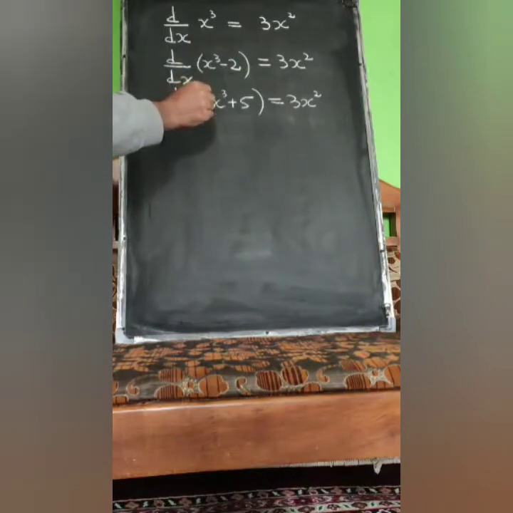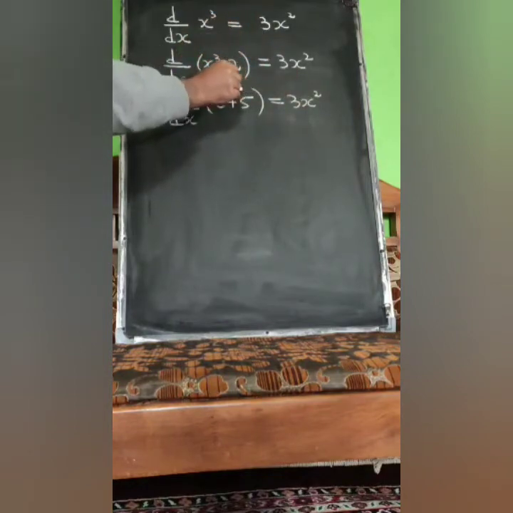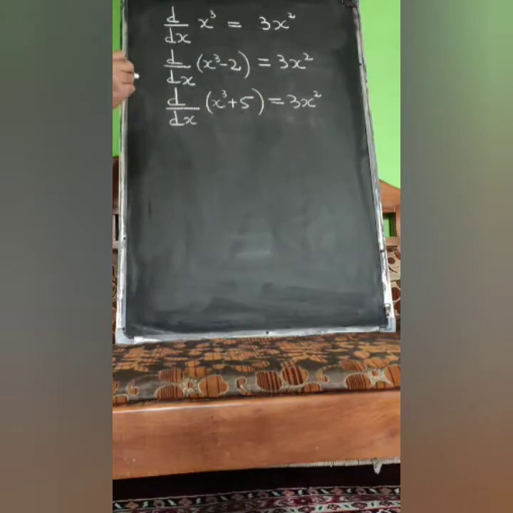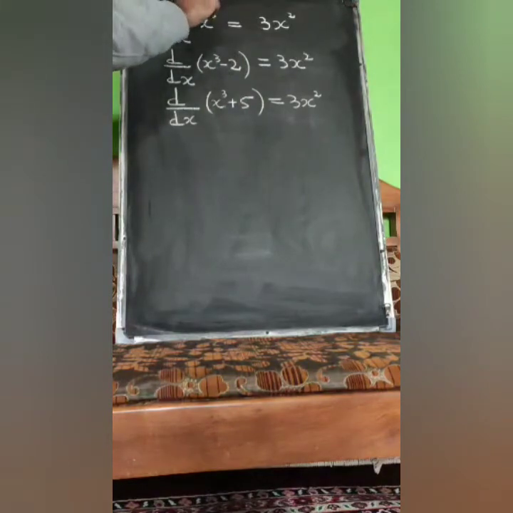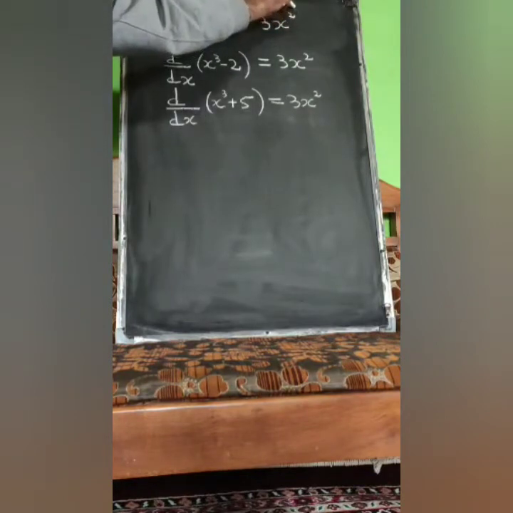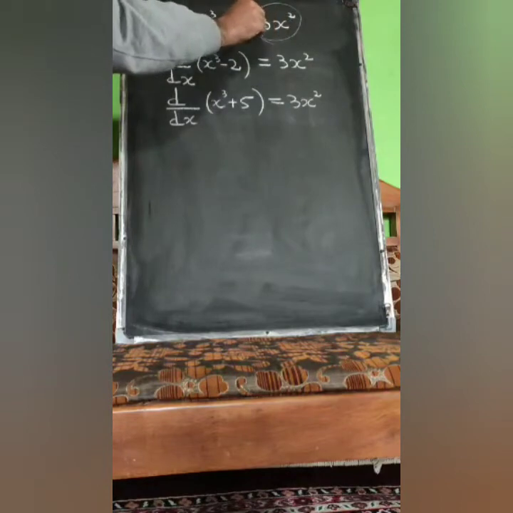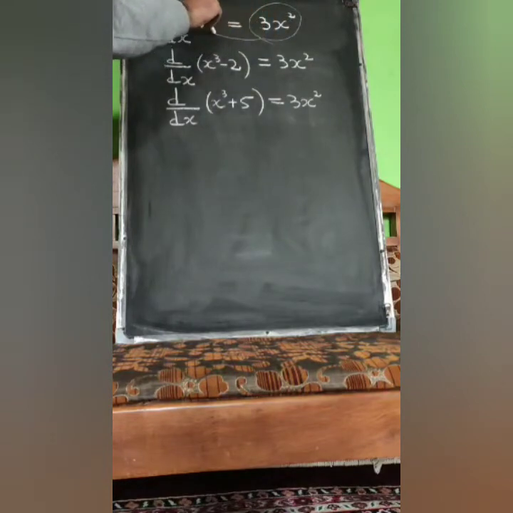Here, differentiation of x cube plus 5 is again equal to 3x square, as differentiation of 5 is equal to 0. Now, differentiation of x cube is equal to 3x square. That means antiderivative or integration of 3x square is equal to x cube.